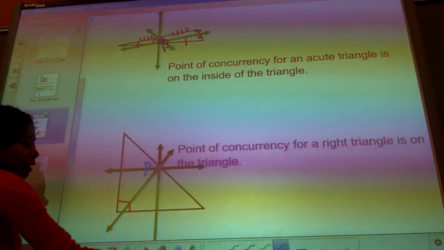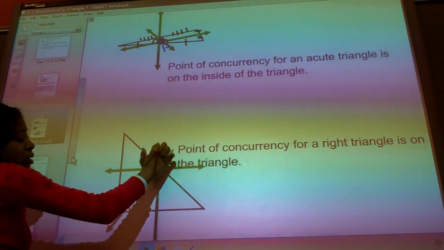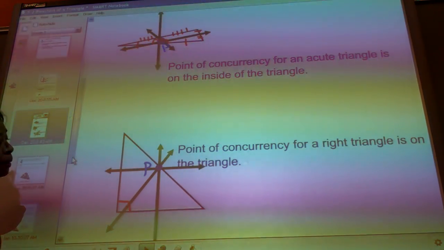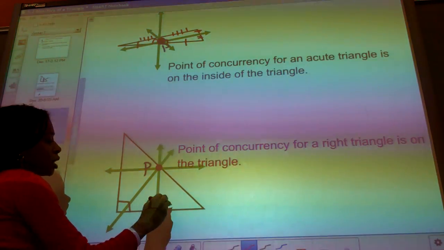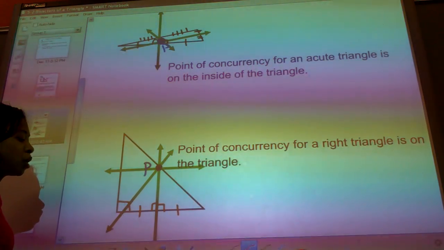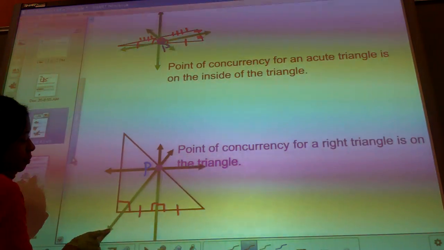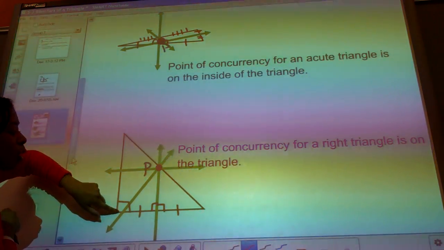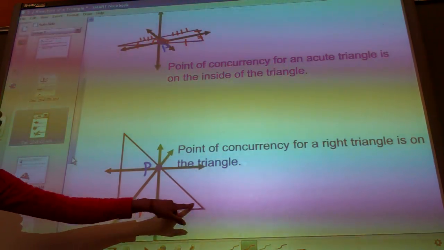So here again, here's my first line, a perpendicular bisector. I have two right angles, and these two segments will be congruent. Here's my second line, this green line here. Perpendicular bisectors do not necessarily need to go through an angle.